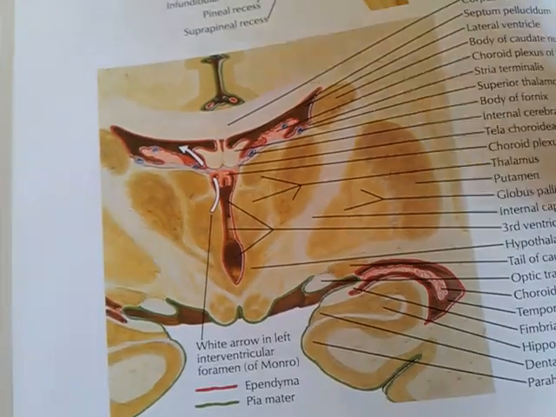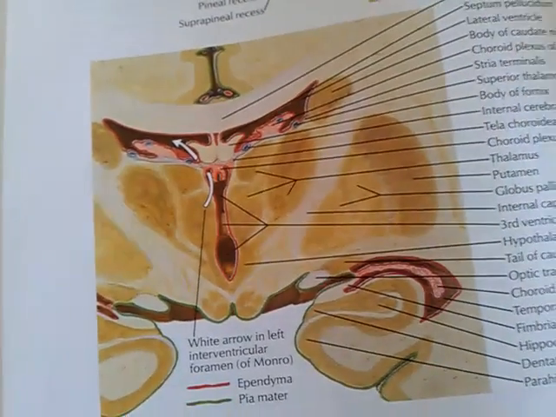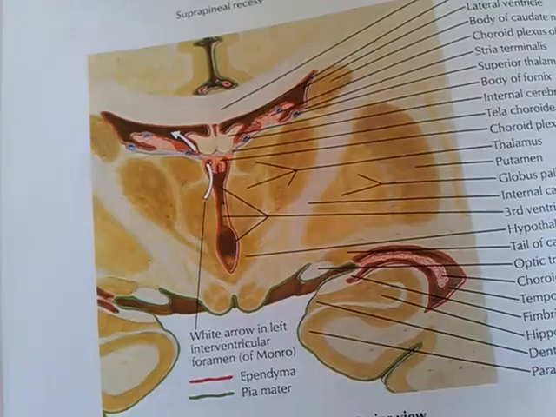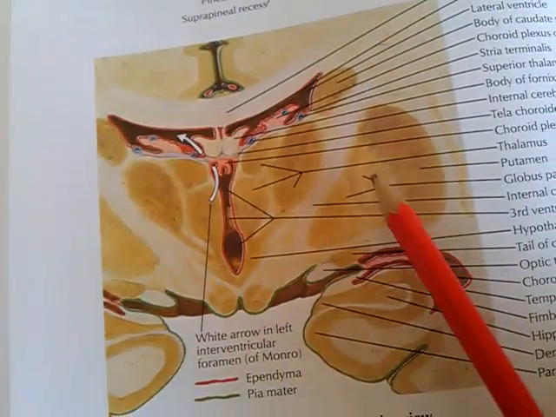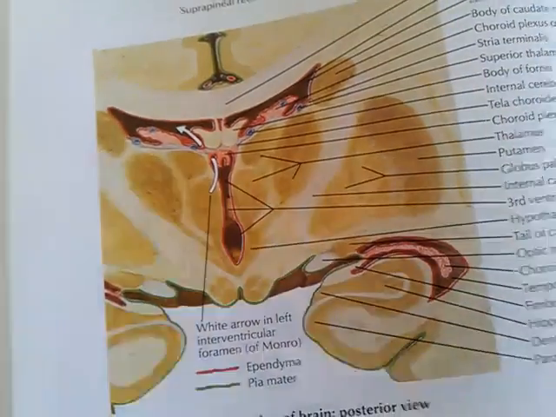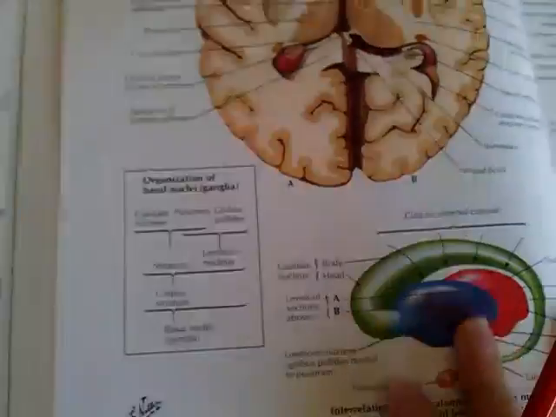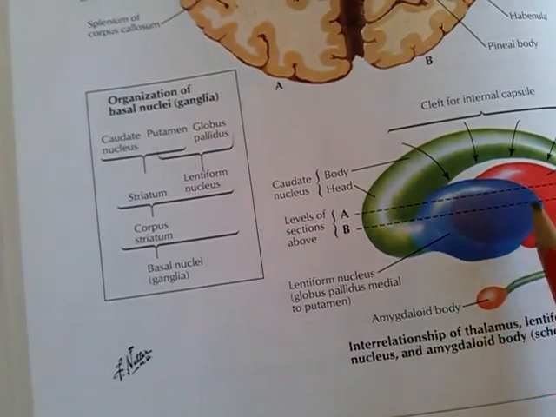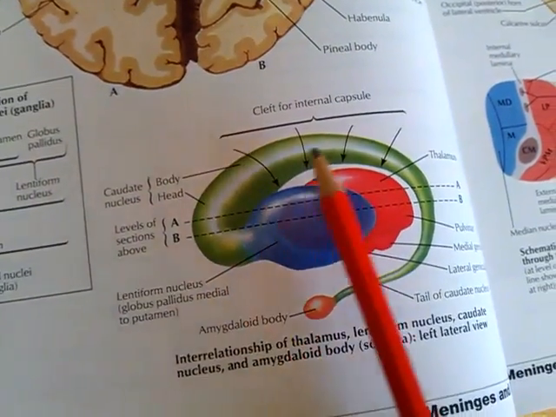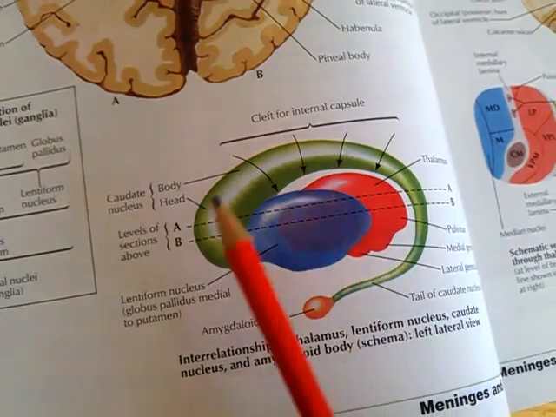Now the caudate nucleus and lentiform nucleus are divided into a functional subdivision, where you have the globus pallidus, which is called the pallidum, and then the putamen and caudate nucleus form the striatum.